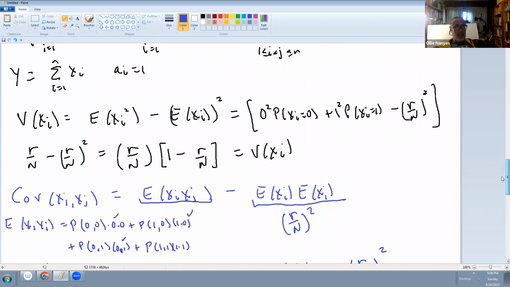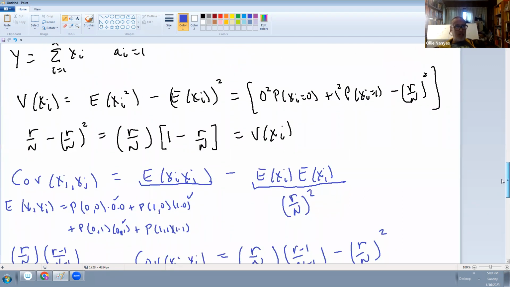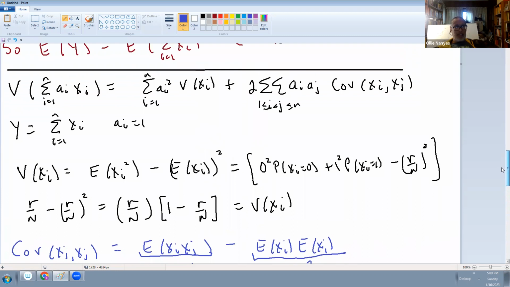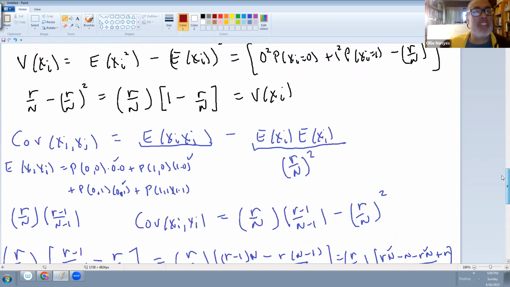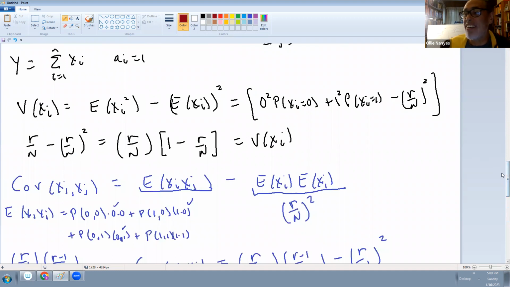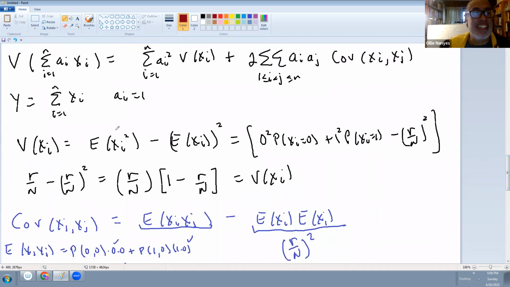Right? So now what I'd like to do is use this formula right here to get to the variance of y. And we're going to use this formula right here. This one.